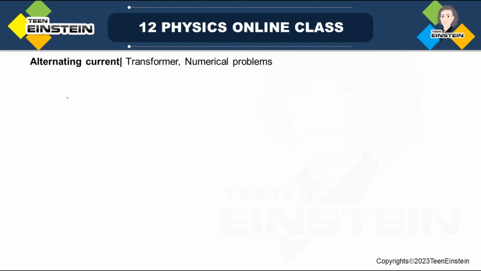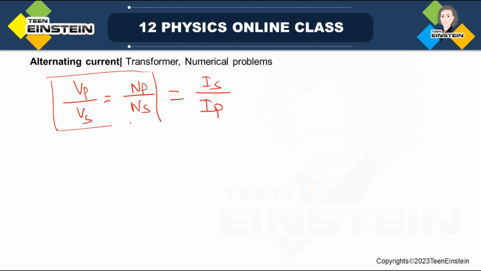We get Vp by Vs is equal to Np by Ns. This is one thing, and the second thing is Is by Ip. Let me first take these two parts. Suppose I have a high input voltage, and I'm using a transformer here.